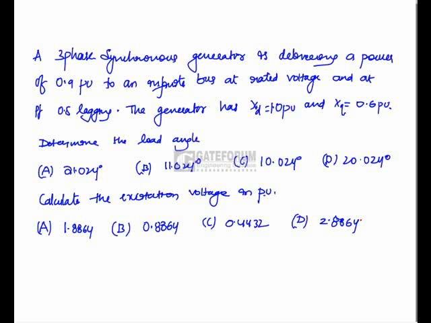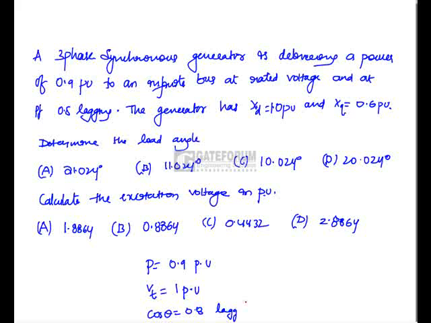In this question, he has given a three-phase synchronous generator which is delivering a power of 0.9 per unit, P equal to 0.9 per unit, to an infinite bus at rated voltage. So Vt is equal to 1 per unit, and at a power factor of 0.8 lagging, so cos theta is equal to 0.8 lagging.